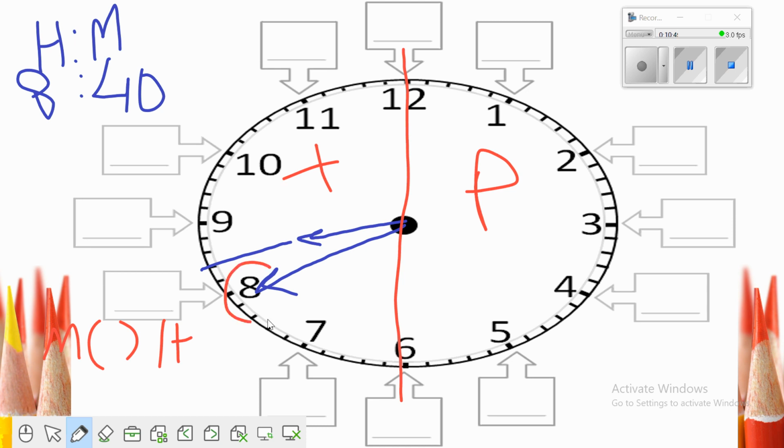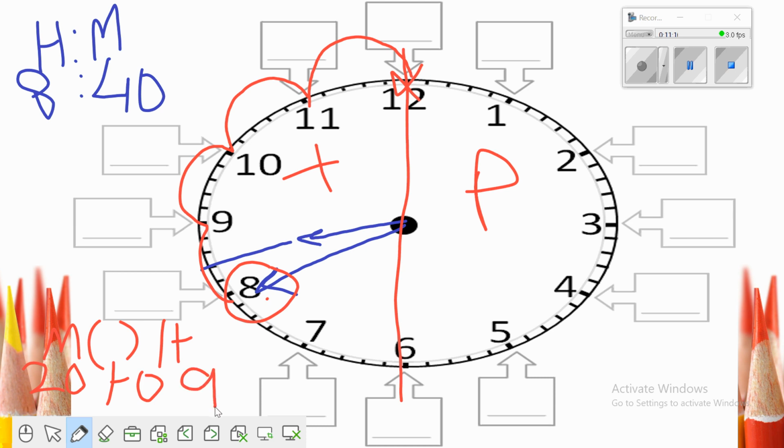For 8 in past or to form, I don't say it's 40 minutes. No, I go back, counting by 5. Here is 5, 10, 15, so it's 20 to the same hour or the next hour, which is 9.